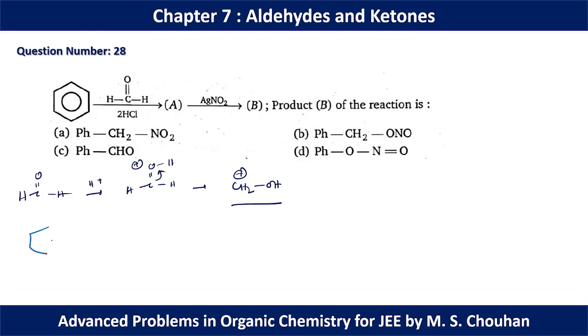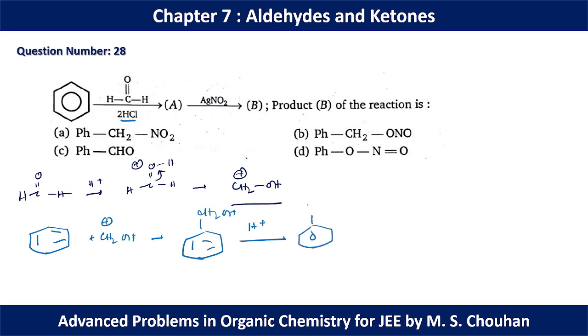Now this electrophile will react with the benzene ring, and we can have this kind of situation, CH2OH. The second equivalent of HCl will react in this case, and we can have CH2 plus, and finally Cl minus will be attached and we can have CH2Cl, this kind of situation.